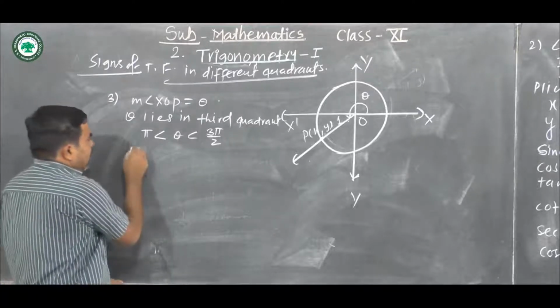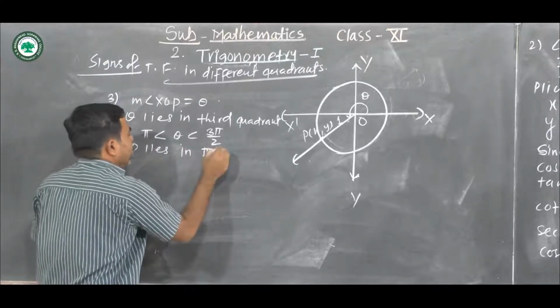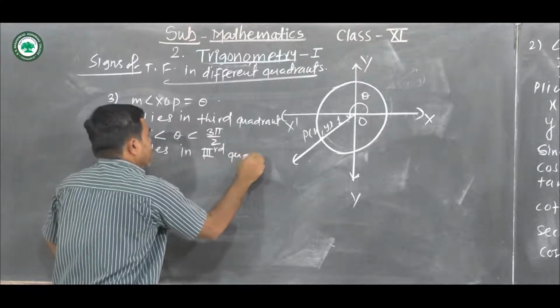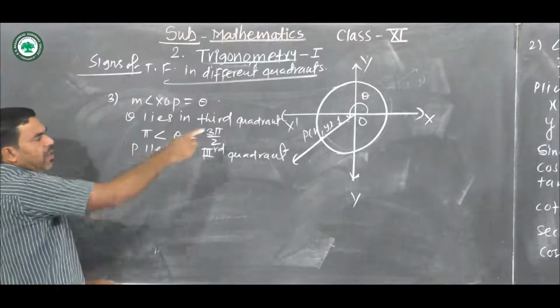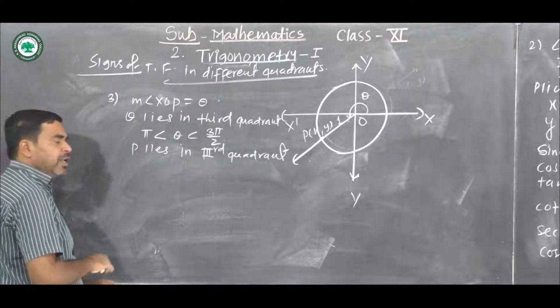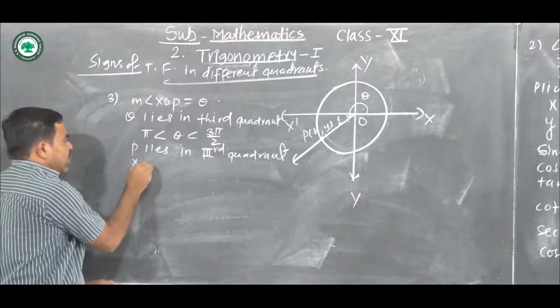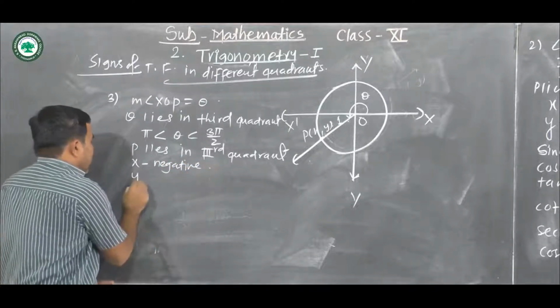So point P lies in third quadrant, and P has coordinates x comma y. So in third quadrant x is negative and y is also negative.